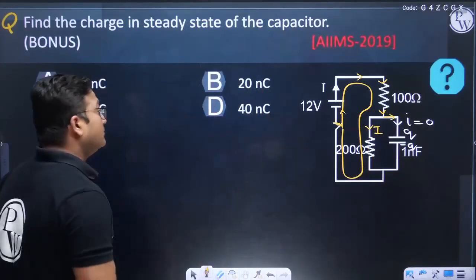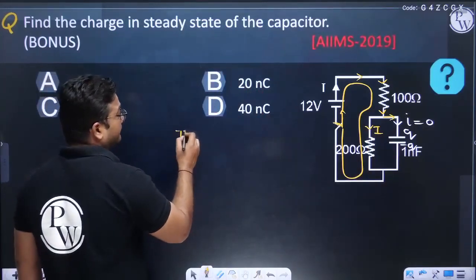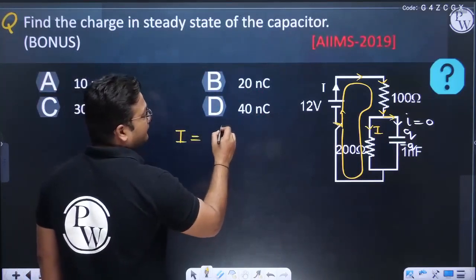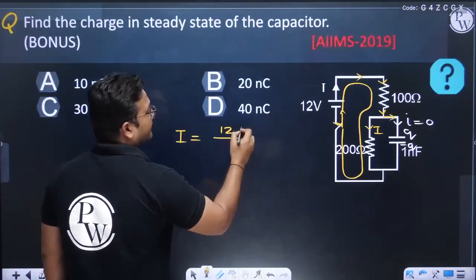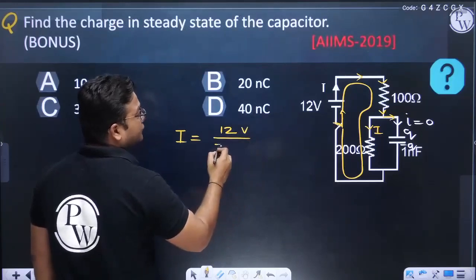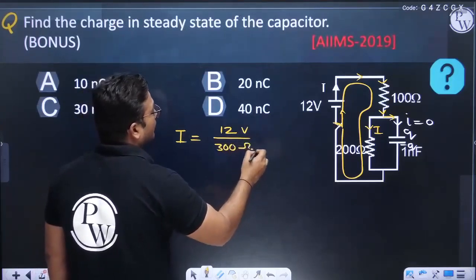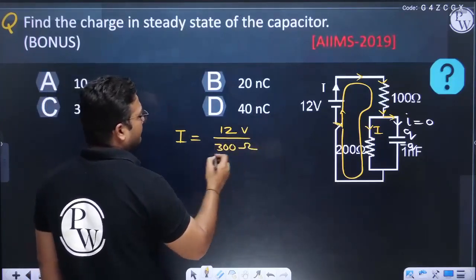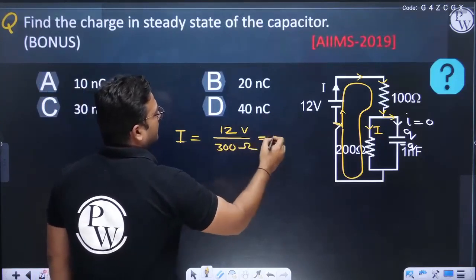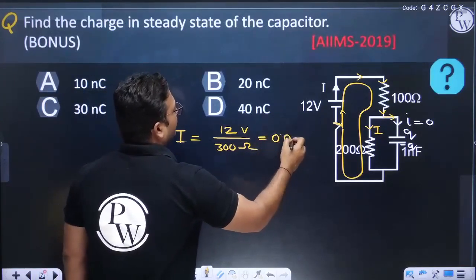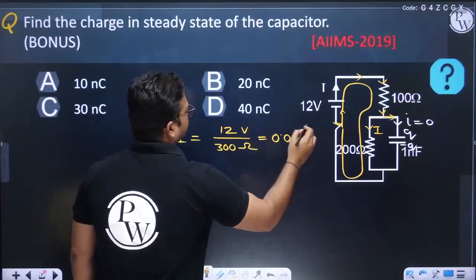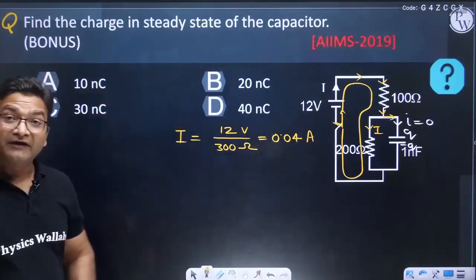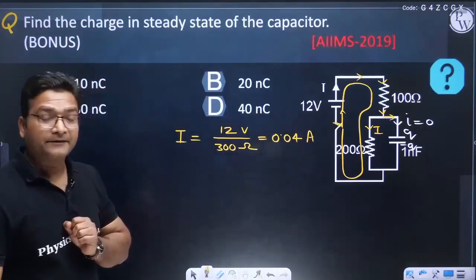So if you want to calculate the current, the current would be equal to the EMF 12 divided by the total resistance, that is 300 ohm, and I think the current would be 0.04 ampere. This is the value of current in the circuit.